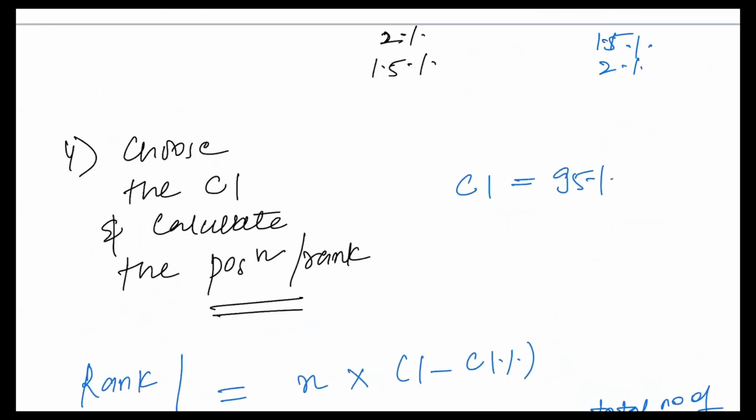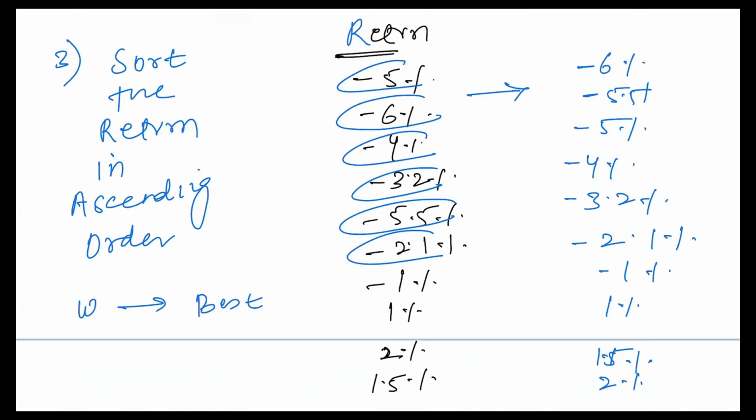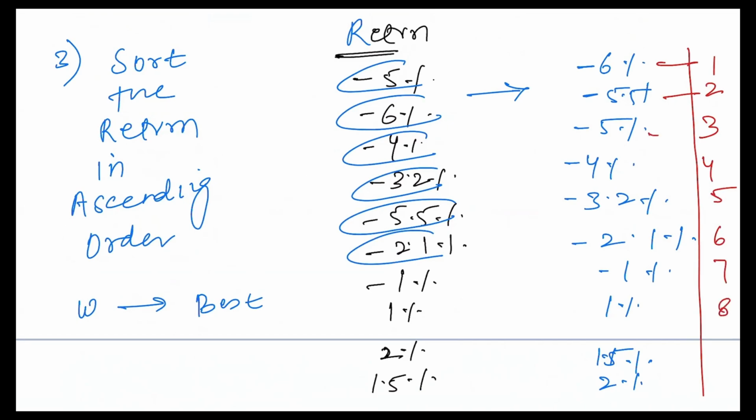So what you need to do is, let's say we just need to number these: this is 1, this is 2, 3, 4, 5, 6, 7, 8, 9, 10, let's say, okay. So whatever your return is at the fifth position, that is your value at risk return.